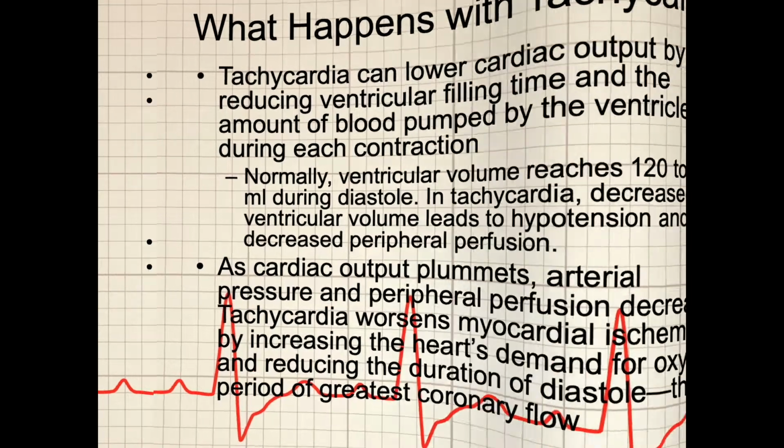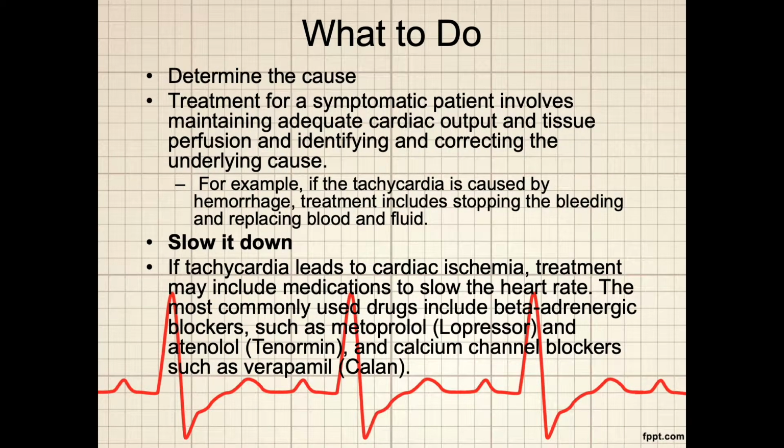One of the main points of treatment for sinus tachycardia is to determine the cause of that tachycardia. Treatment for a symptomatic patient involves maintaining adequate cardiac output and tissue perfusion, and again, identifying and correcting that underlying cause. For example, if the tachycardia is caused by hemorrhage, treatment includes stopping the bleeding and replacing blood and fluid.